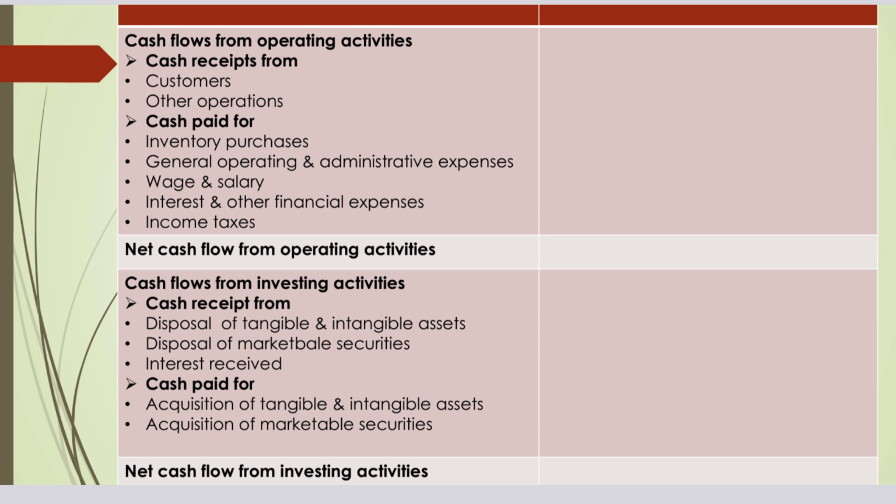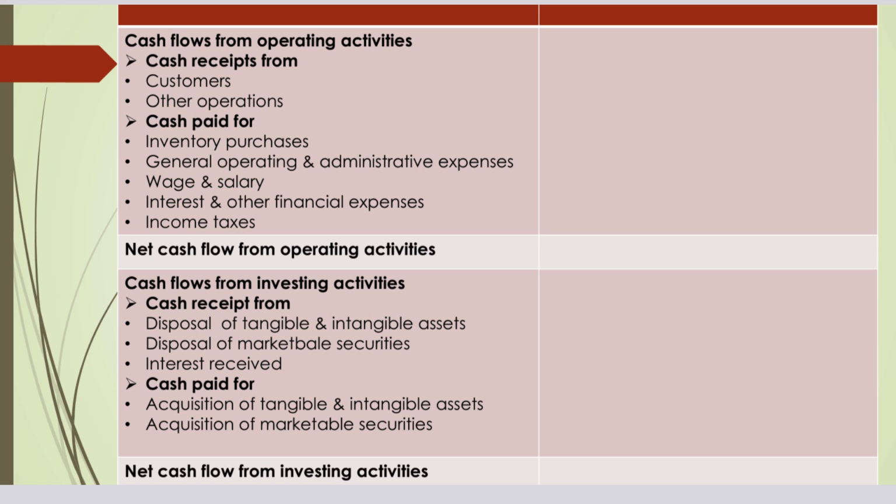And the cash flow out means when the company has an acquisition of tangible or intangible assets, when the company purchases any kind of assets, tangible or intangible, or financial assets.